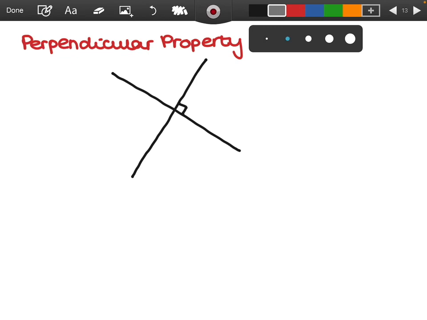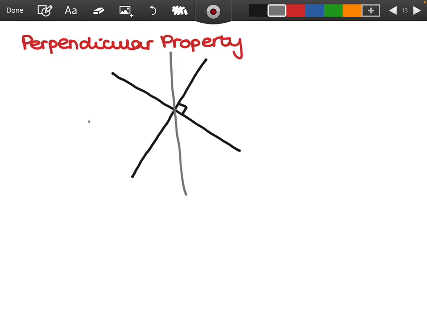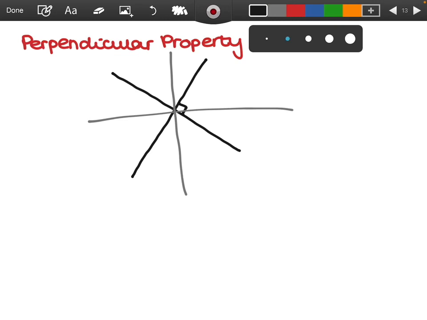So they could look like that, and then you could plot out, let's say, your x and y coordinate plane. Doesn't matter wherever it is, okay? So those 2 lines would be perpendicular to one another because they meet one another at a right angle. You can also see the x and the y axes, they are also perpendicular to one another. They meet one another at a right angle, okay?